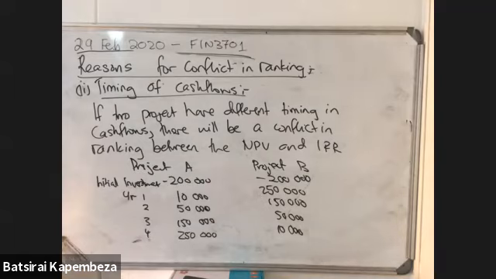So they both have the same cash flows, but the cash flows are occurring at different times. You'll find that the NPV of A will be higher than B, but you might find that the IRR of B is higher than A, or vice versa. So this is the second reason why there might be conflict in ranking.